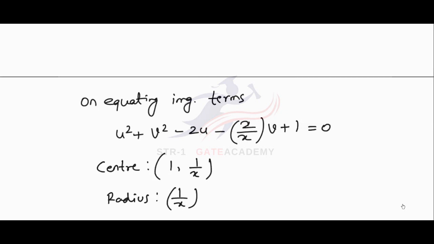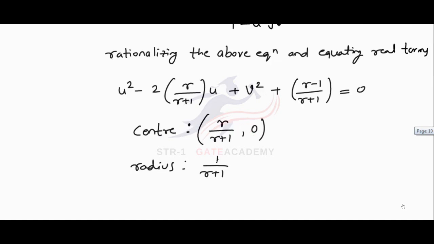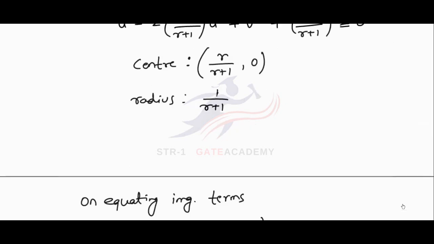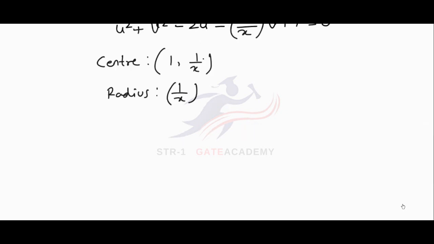So these circles, when we have equated the real terms, are called constant R circles. Whereas on equating the imaginary terms, we have got a set of circles, and these circles are called constant X circles.